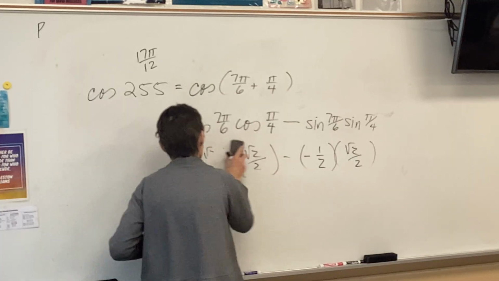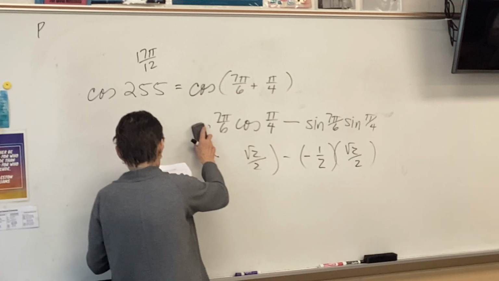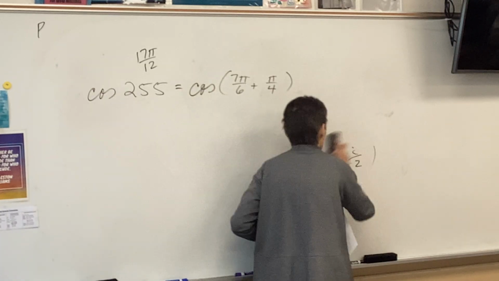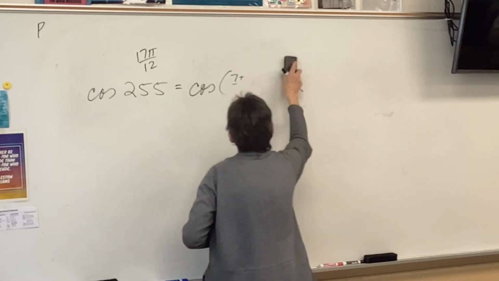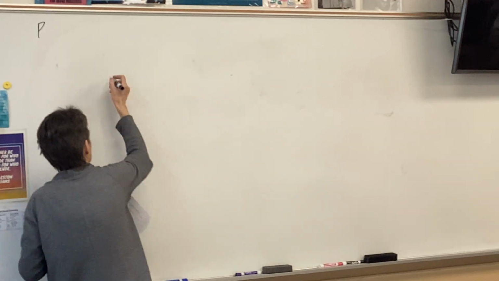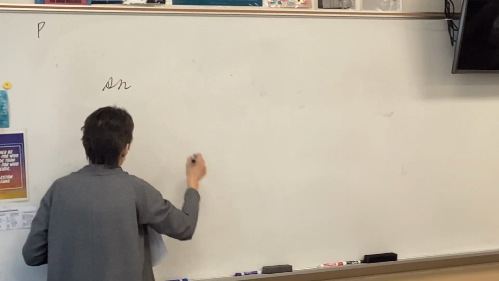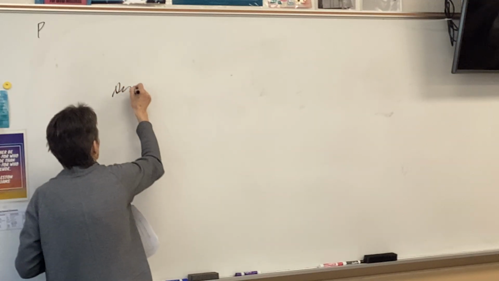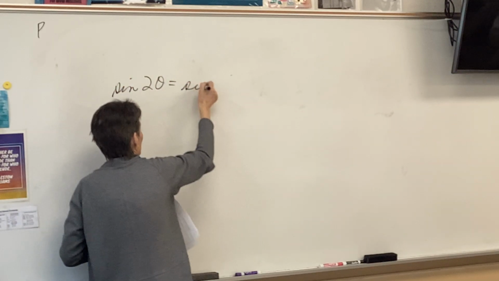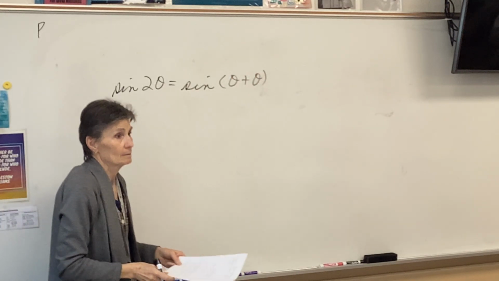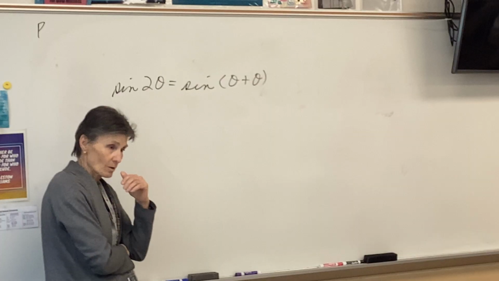The next problem asks you to kind of derive your double angle identities. So let's look at sine first. Sine 2 theta. Would you agree that that's really just the same as sine of theta plus theta? So alpha and beta?